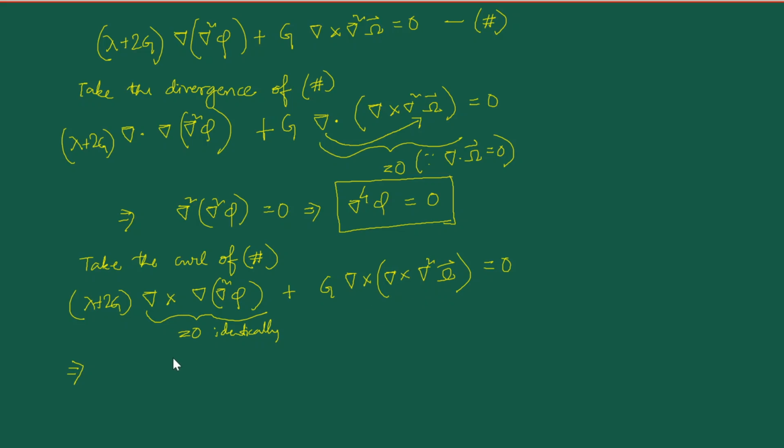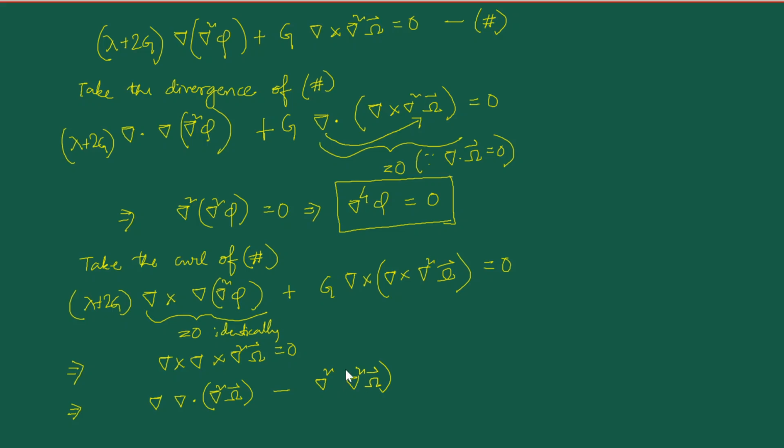And the moment we realize that, we can again go on and use our vector identity on this particular thing. So curl of a vector is basically the gradient of the divergence of that vector, the vector that we are considering is the Laplacian of omega vector, minus the divergence of the grad of that vector, which is basically the Laplacian of that vector.